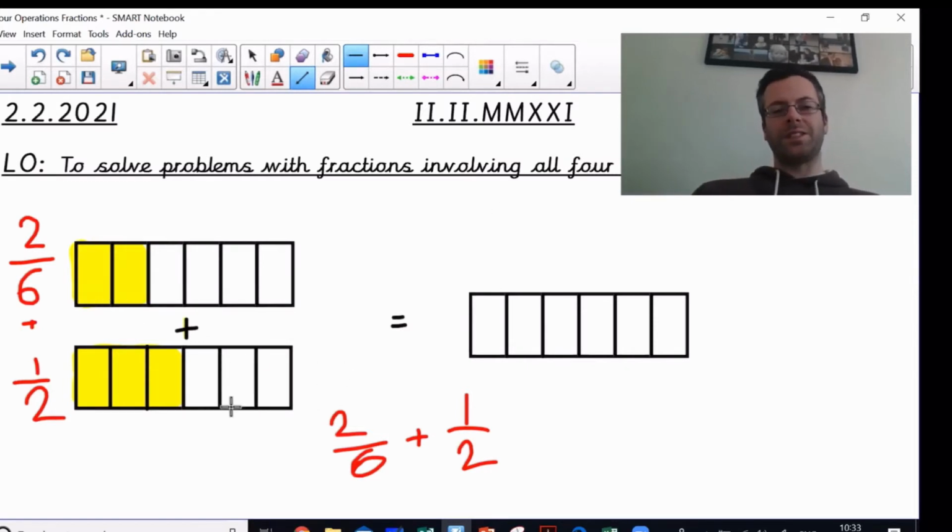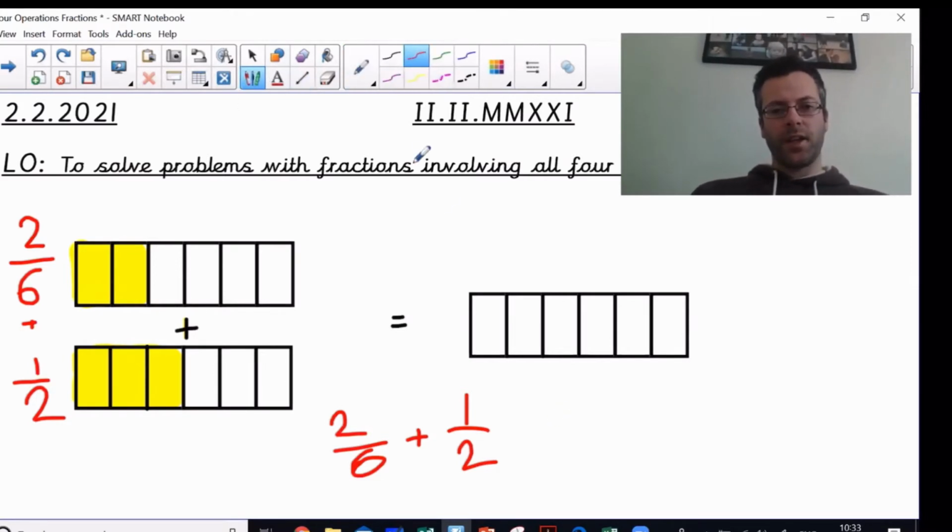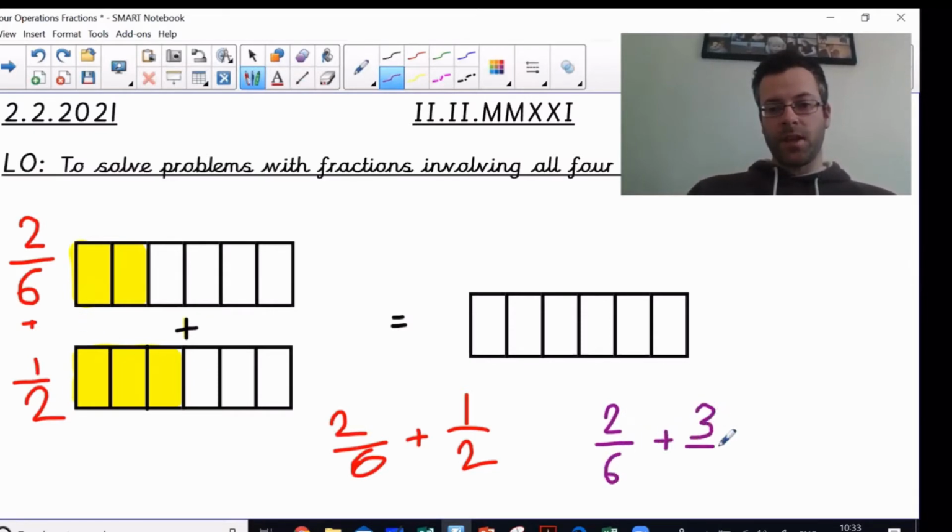And once I've split it into sixths, so it's the same as that, what I find is that 2/6 from that first one, I'm adding 1, 2, 3 sixths, okay? And now that I've got my denominators the same, I can tell you that my answer is 5/6, because I've got those 2 plus those 3, so there'd be that one shaded, that one shaded, that one shaded, that one shaded, and that one shaded, 5/6.